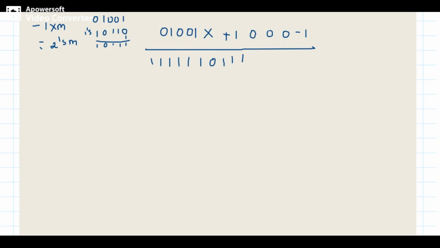So I'll start writing from here. So that is 0, 0, 0, 0, 0, all the values as 0. Once again this is 0 into M. Once again I can write zeros, 0, 0, 0, 0.